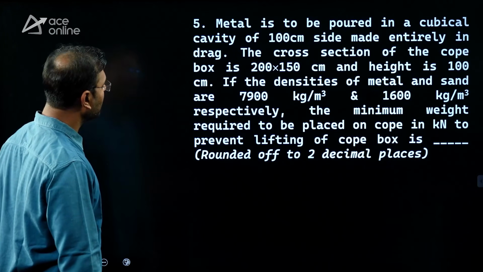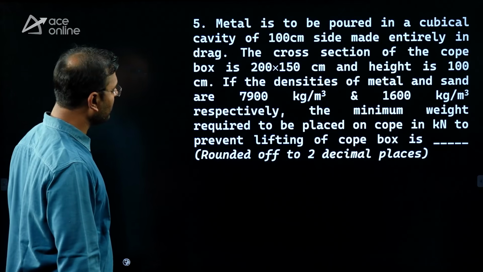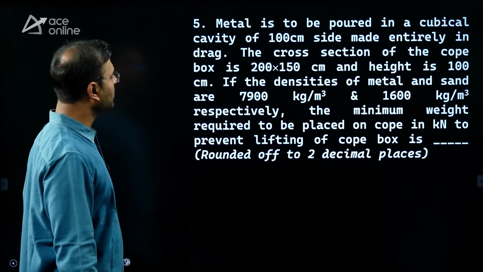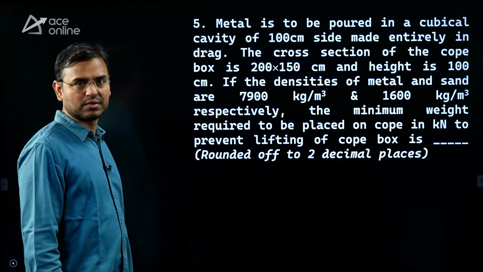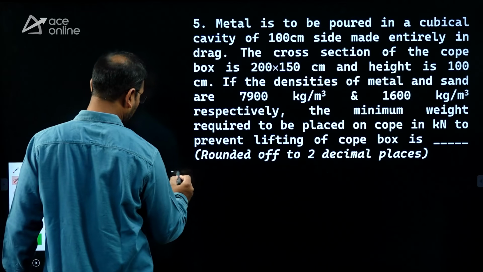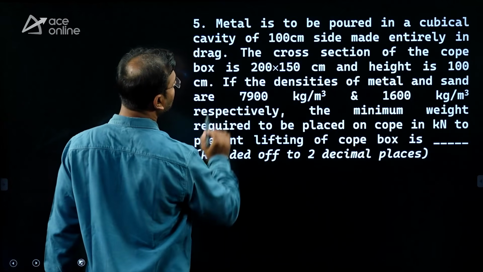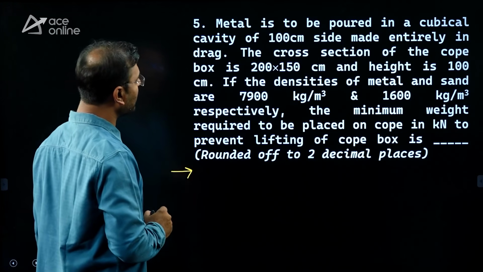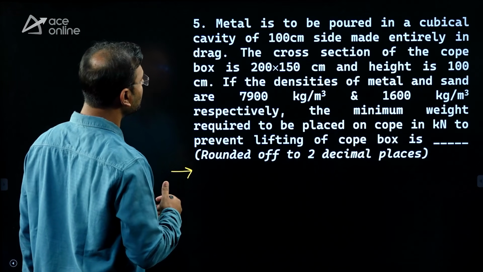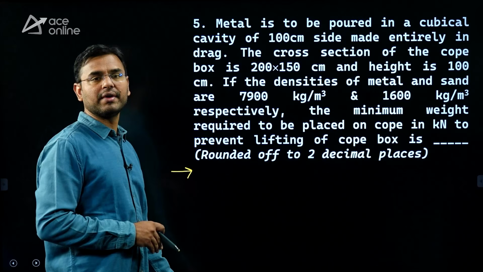Metal is to be poured in a cubical cavity of 100 centimeter side, made entirely in the drag. Here we have to make a cube whose size is 100. Therefore, I can write the casting size.